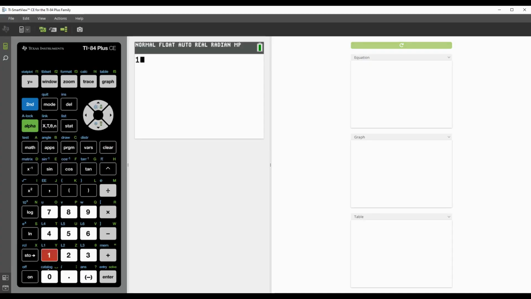So I do want 10 times log, and now I want a fraction.